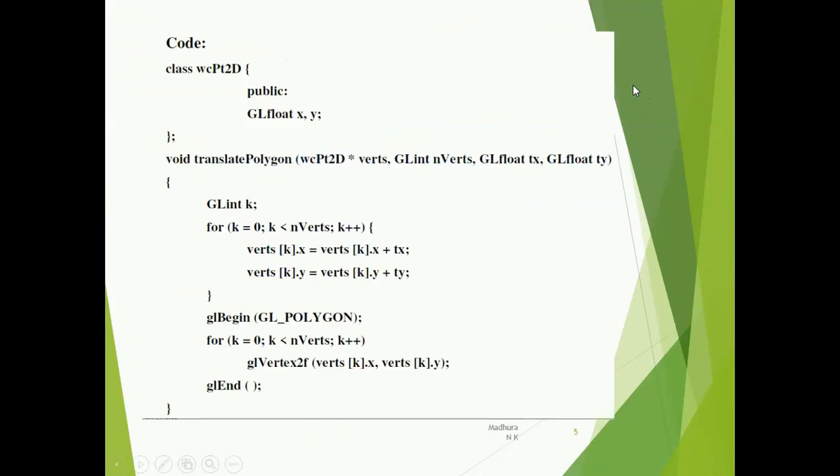So now let us see the code for translating a polygon from one position to another position. It starts with class Point2D, public GLfloat x comma y.